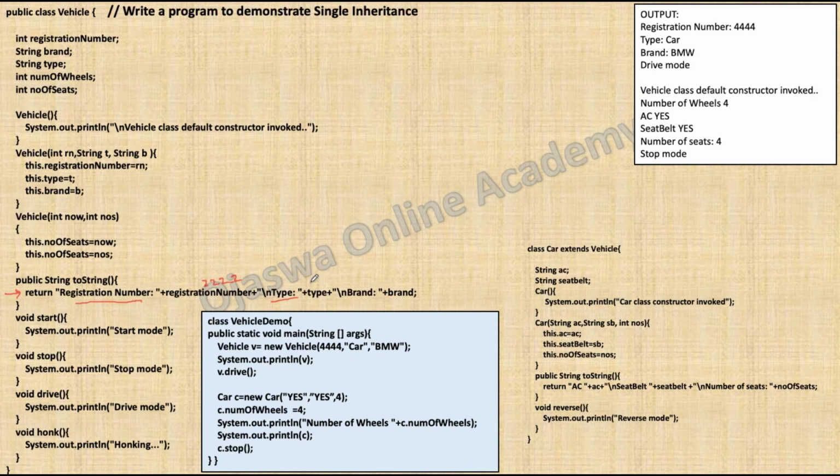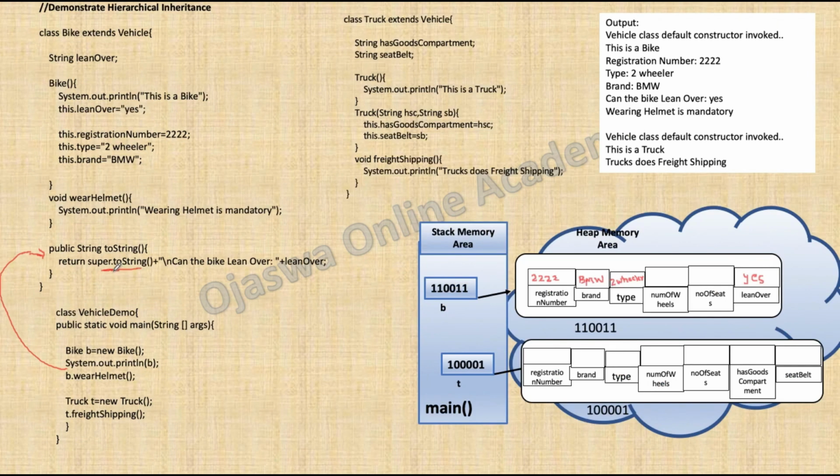The type variable will retrieve its value, that is two-wheeler. Then \n adds a new line to the console. "Brand:" will be printed as it is. It is a string inside the double quotation marks. The brand variable will retrieve the value BMW. And this whole string will be written back over here to the point from where we gave the method call.